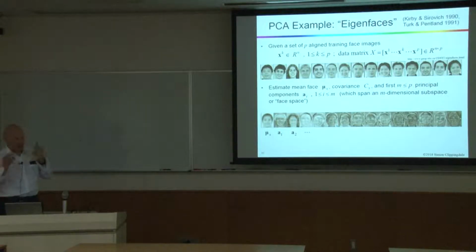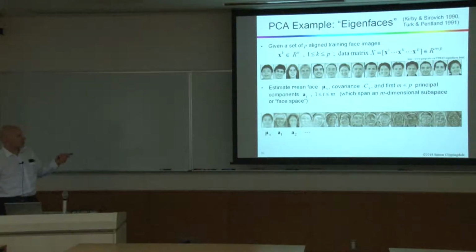Usually they align the eyes, so you dilate and rotate and translate each face to get the eyes lined up with each other. So your data matrix, big X here, is then each of these images, X1 to XP, this one's X1 and that one's XP over there, stacked up into a matrix X.